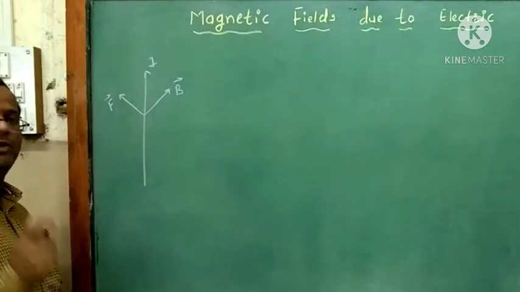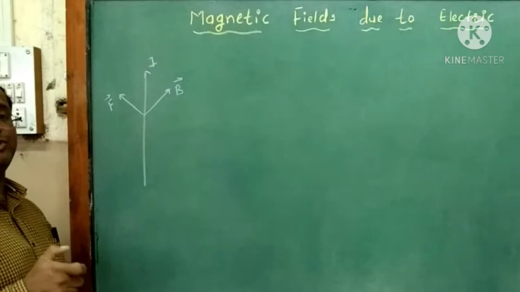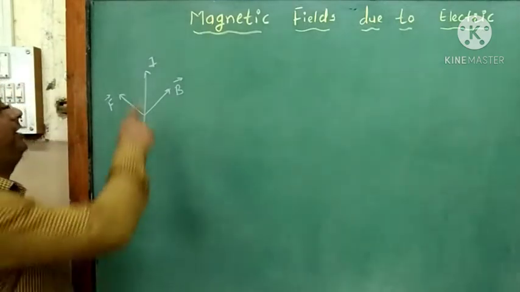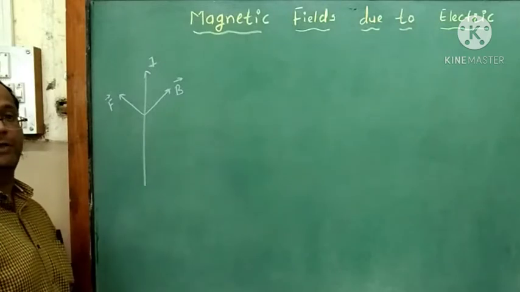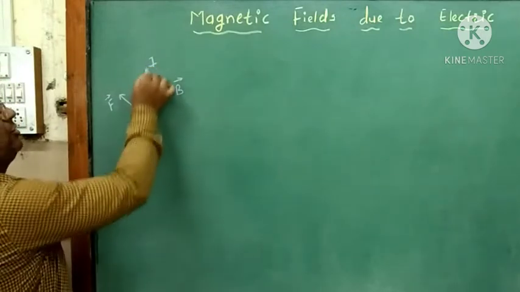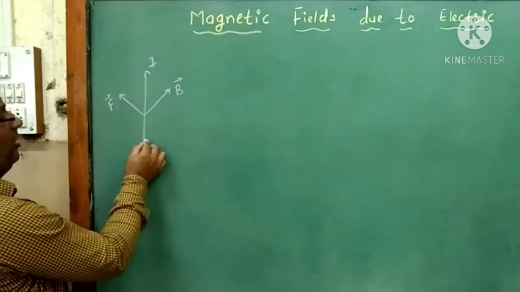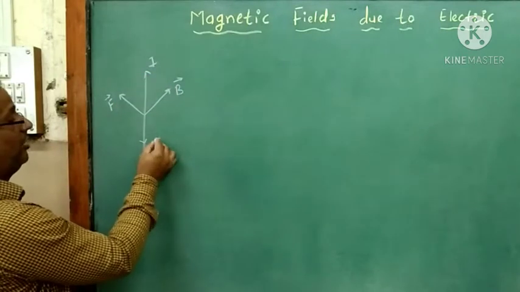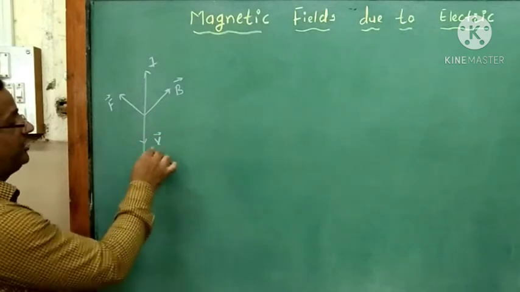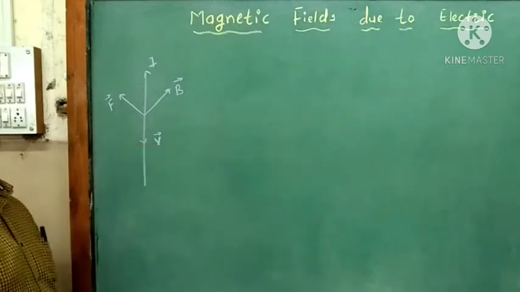But again, we know the relationship between the direction of flow of electron and the direction of current. They are opposite to each other. If this is the direction of flow of current, then along the opposite direction we get the motion of a charged particle, that is the velocity of a charged particle.